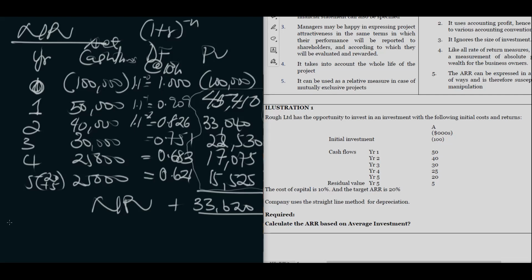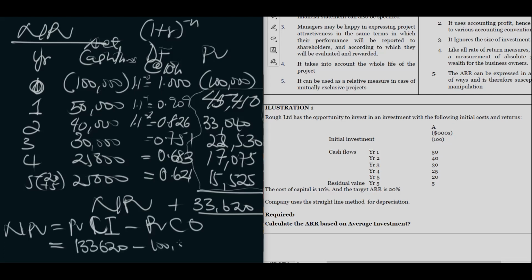So simply NPV is the PV of your cash inflows minus PV of your cash outflows. Not so? So in simple terms, we have 133,620 minus 100,000, which results in a positive NPV of 33,620, which means that we should accept the project.